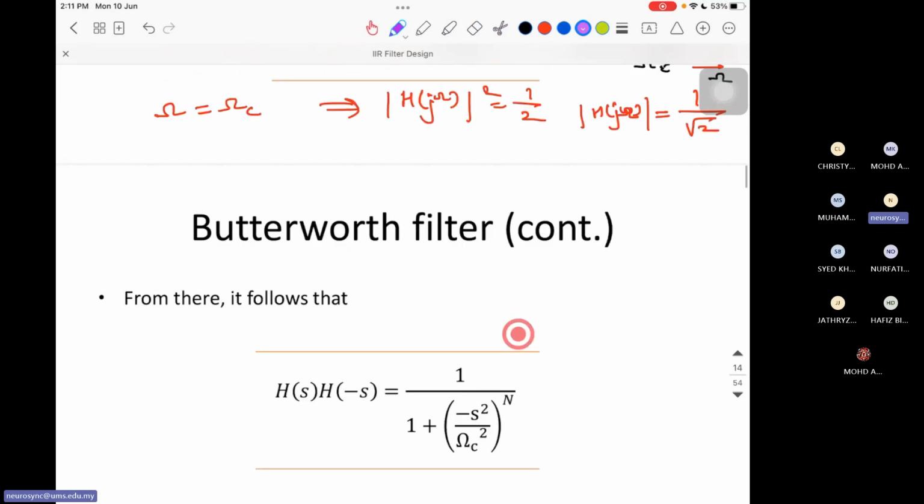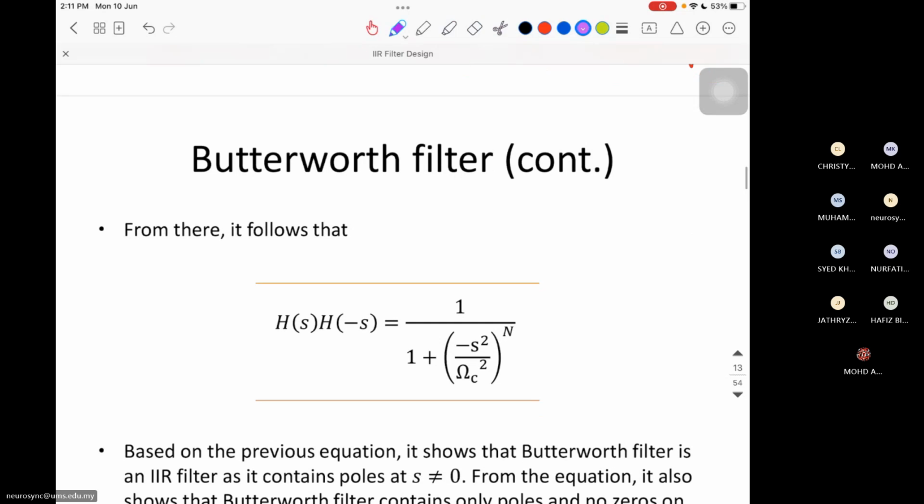Now, this is the squared magnitude, correct?